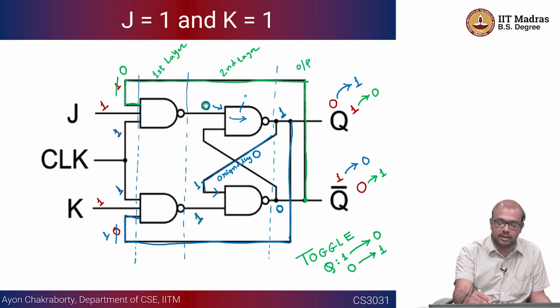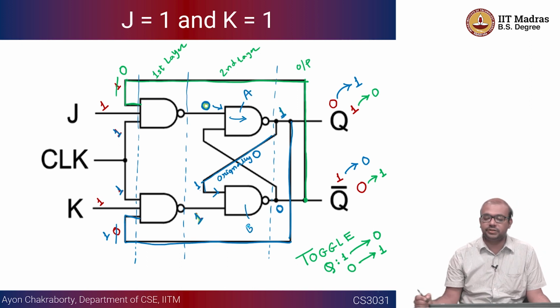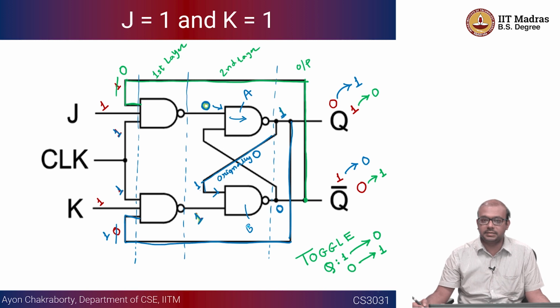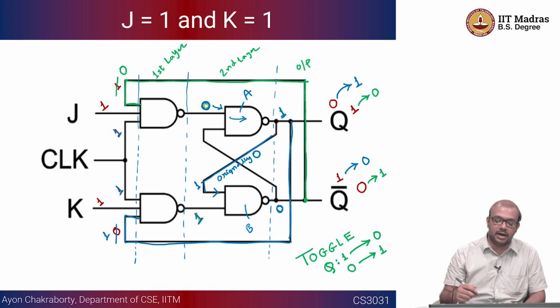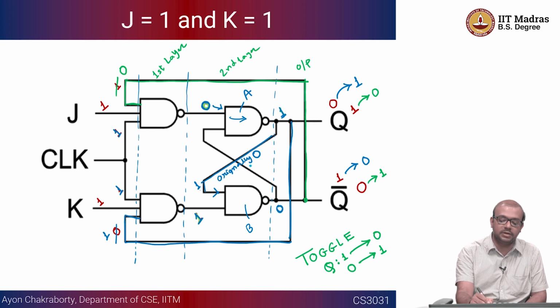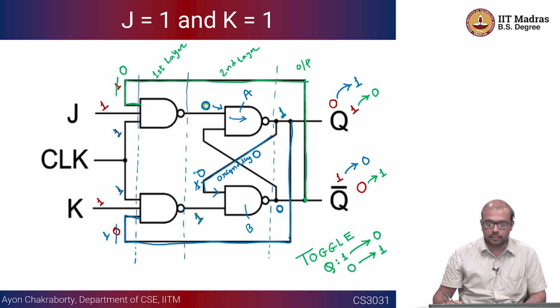So let us call it NAND gate A, this is NAND gate B. There is a question of whether this computation by NAND gate A, or the output of NAND gate A, happened earlier compared to the output of NAND gate B. It may happen, right? Or if NAND gate B is faster, in that case the original output will be considered. Instead of 1, we will consider 0, right?